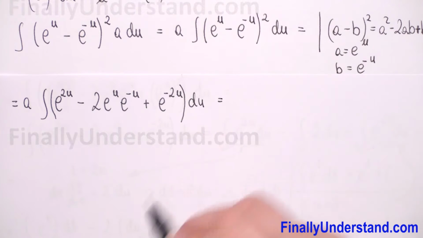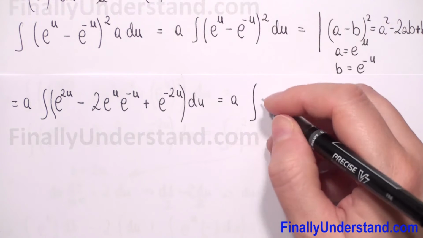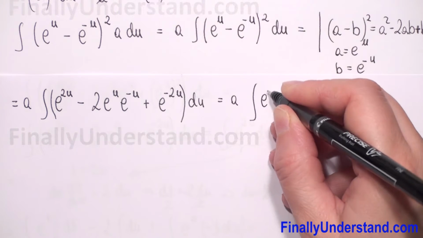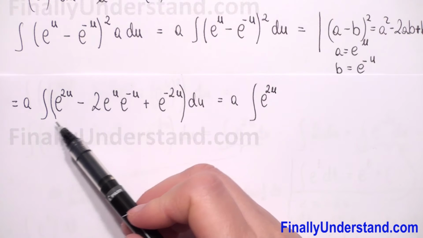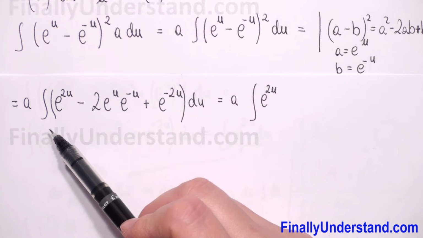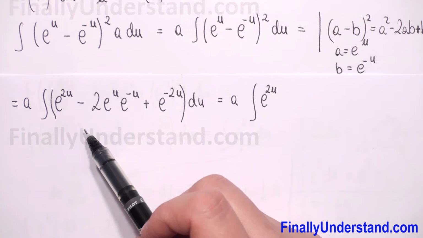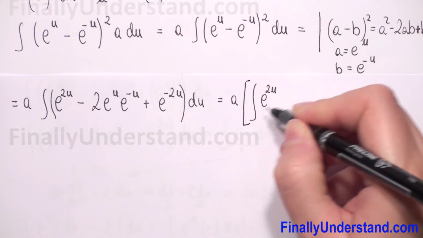So this is equal to a times the indefinite integral of e to the power 2u. Because we have an indefinite integral of a difference and sum, we can rewrite it as a difference and sum of indefinite integrals. So let me put this in brackets.